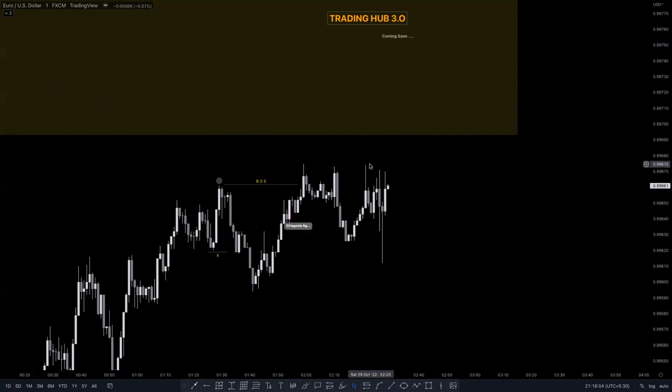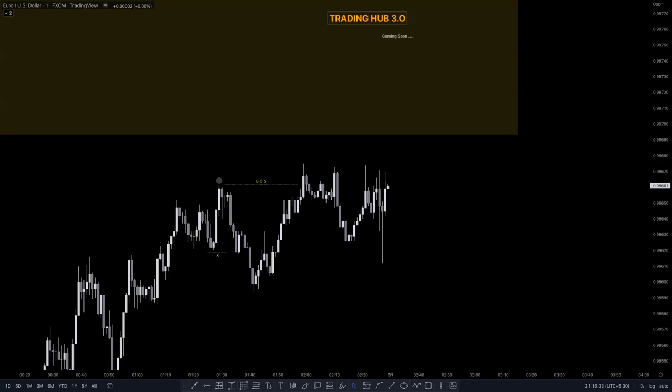To mark any pullback, any inducement, the only thing you have to understand is how to identify the valid pullback. What is the definition of a valid pullback? If the market is bullish and a bullish candlestick takes out the previous candle low, that's called a valid pullback. If the market is bearish and it takes out the previous candle high, that's called a valid pullback.